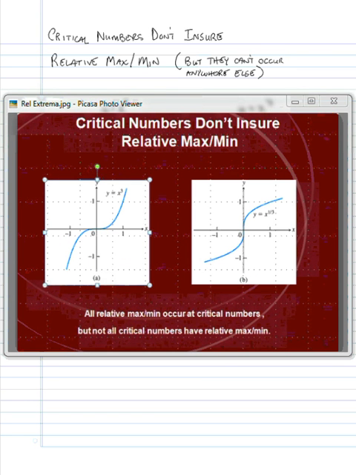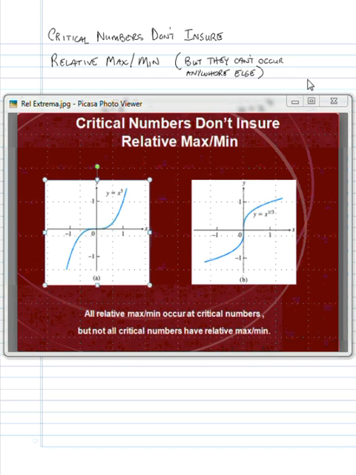Well, to close out this part, we'll have some other problems in a moment, but I want to drive home this idea. As you can see, the title of this little slide, critical numbers don't ensure relative maximums or minimums. I mean, you see up above, but they can't occur anywhere else. The only place a minimum or a maximum can occur is at a critical number.